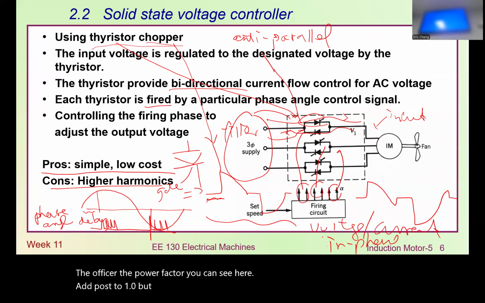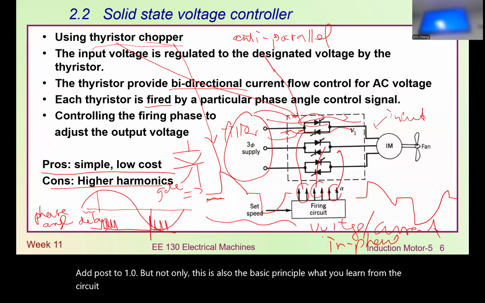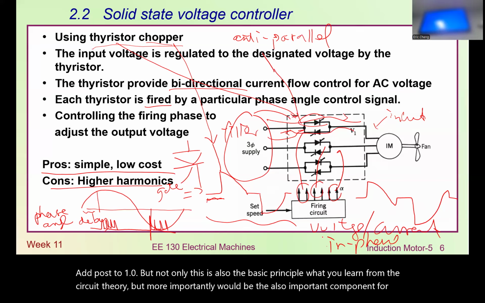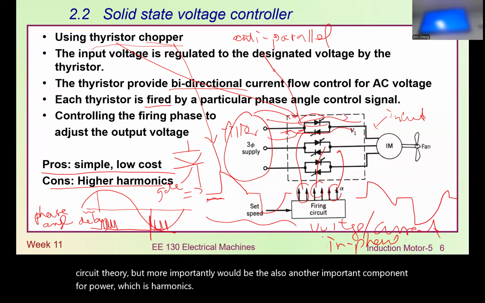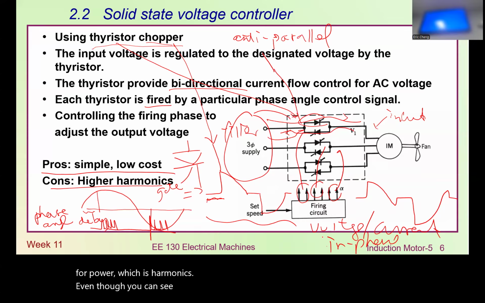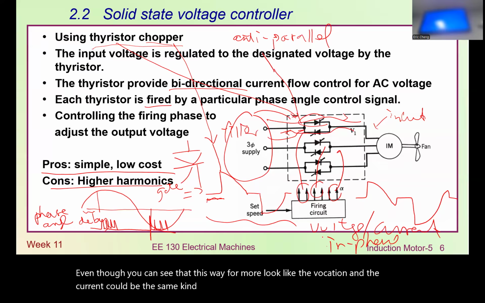This is also the basic principle you learn from circuit theory. But more importantly, we also have another important component of power factor, which is harmonics. Even though this waveform looks like the voltage and current could be in the same phase, we are missing this part here. This is where the harmonic comes from. This voltage will have high order harmonics.